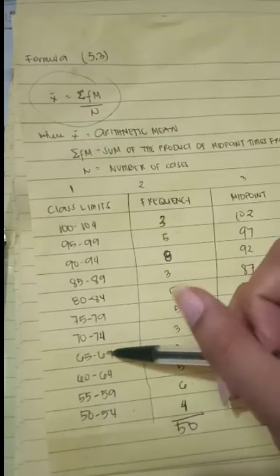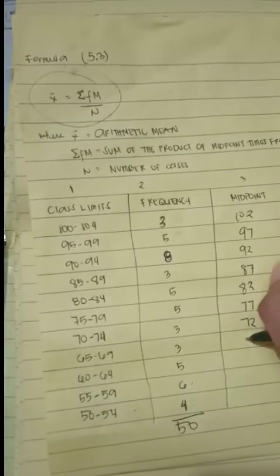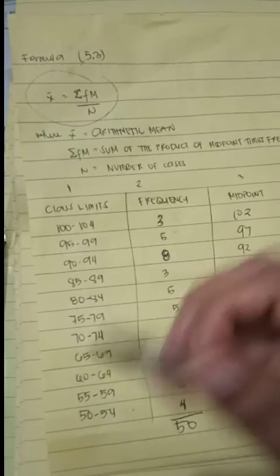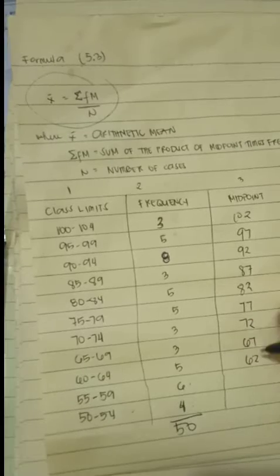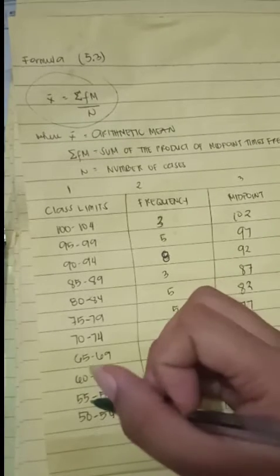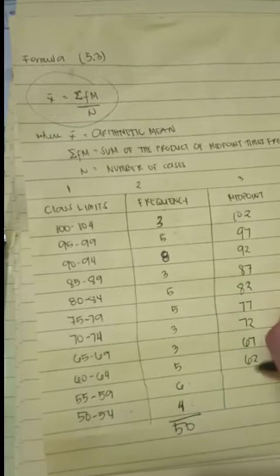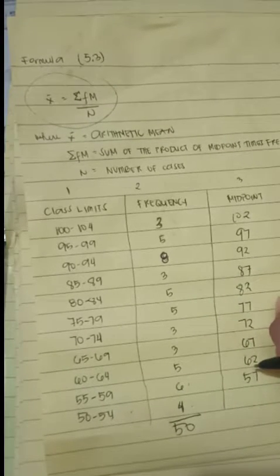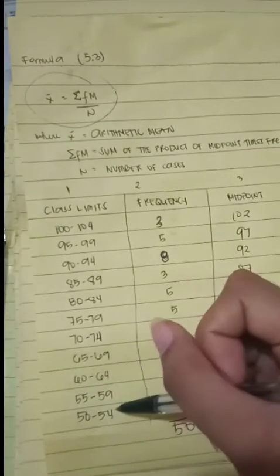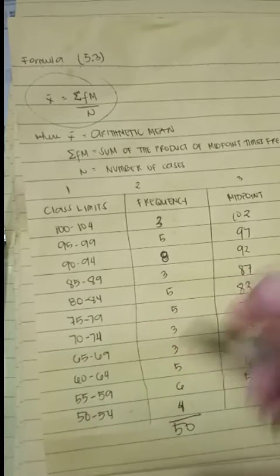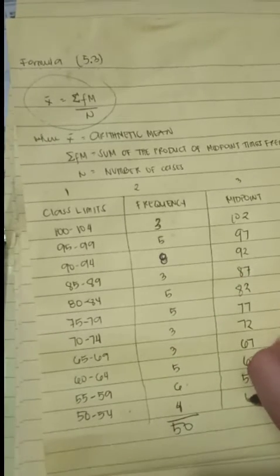And 65 to 69, we have 67. And 60 to 64, we have 62. And 55 to 59, we have 57. And then last, we have 50 to 54, the midpoint is 52.